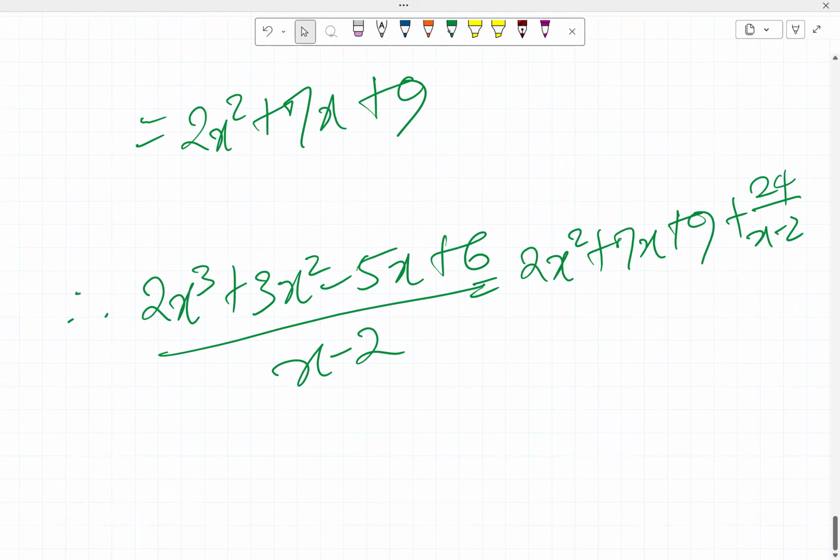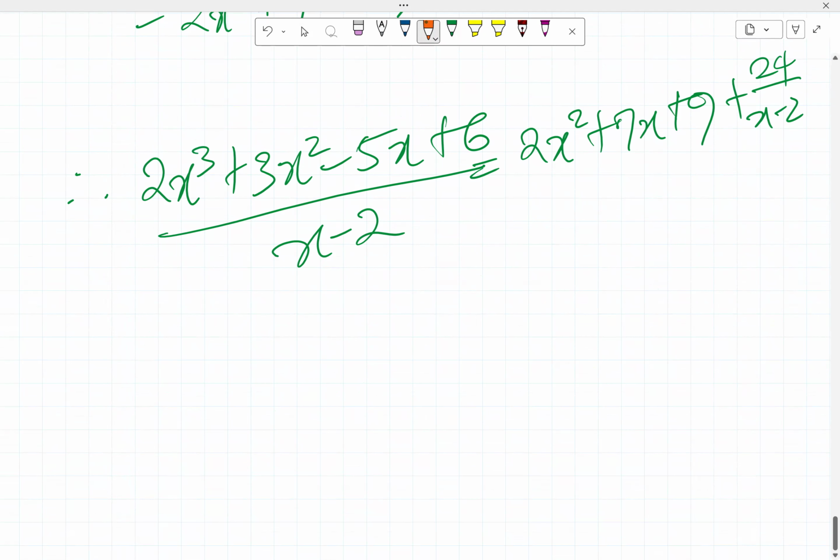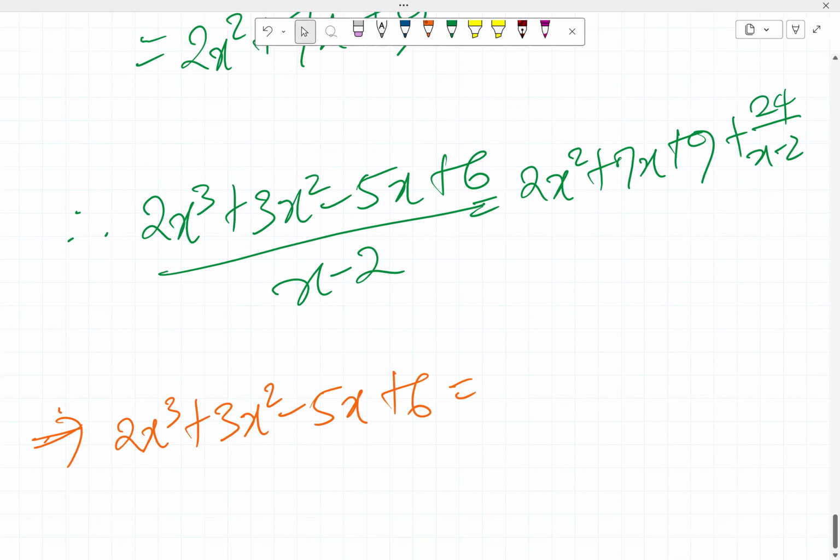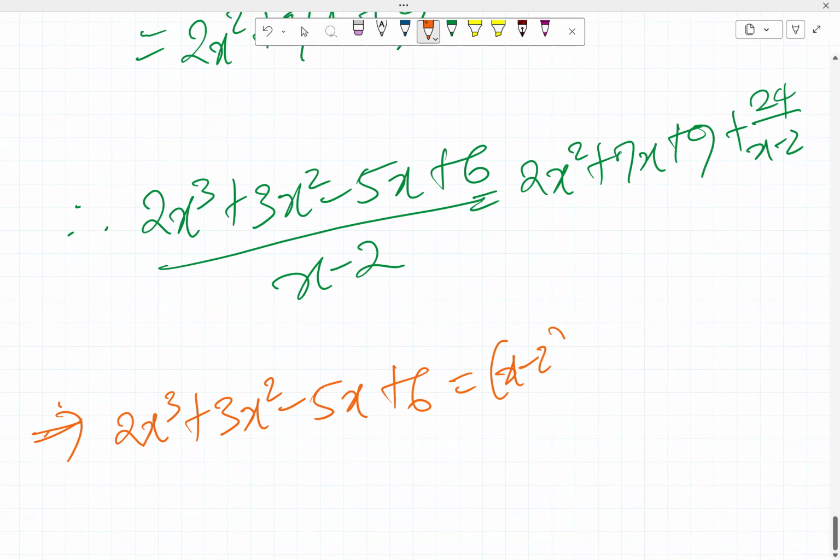When we multiply through, this implies that 2x cubed plus 3x squared minus 5x plus 6 is equal to x minus 2 times 2x squared plus 7x plus 9, plus 24, because we're multiplying through by x minus 2.